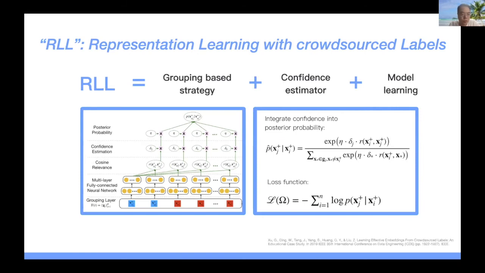To deal with inconsistency, we also integrate the confidence score into the loss function, such that examples with inconsistent labels contribute less to the loss, and examples with confident labels contribute more to the loss.